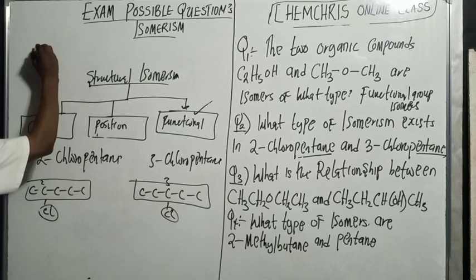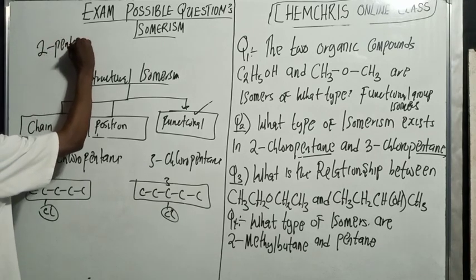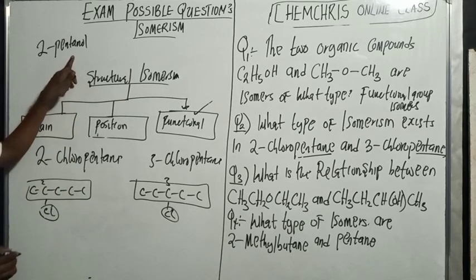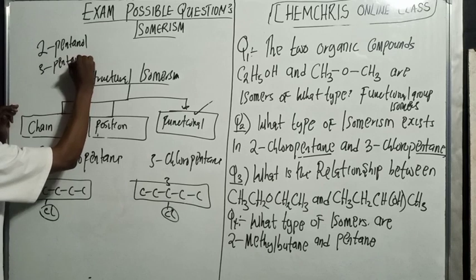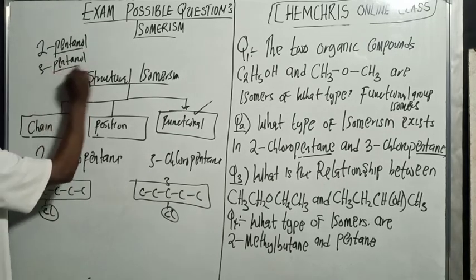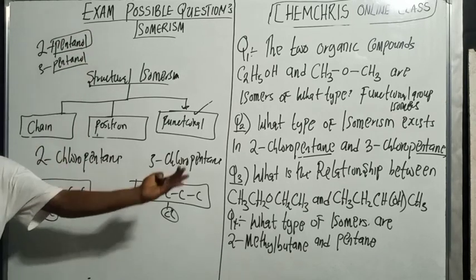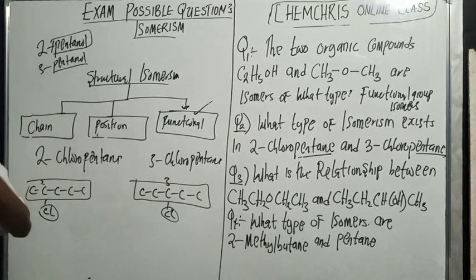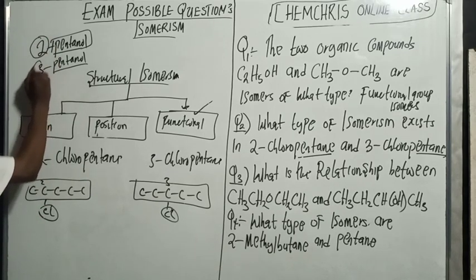Here we have 2-pentanol, and here we have 3-pentanol. They have the same parent chain and the same functional group. The only difference is that the OH is at carbon 2 in one and at carbon 3 in the other.